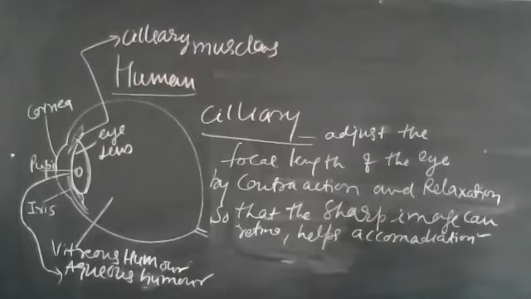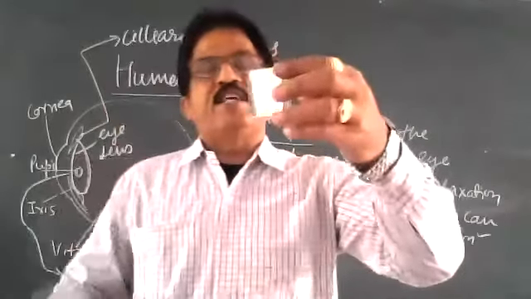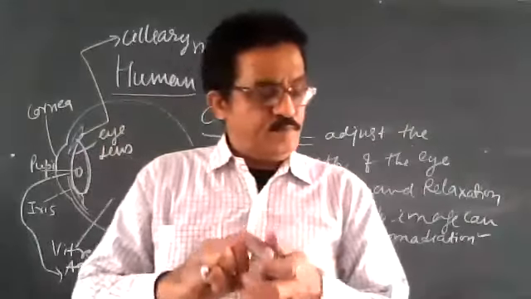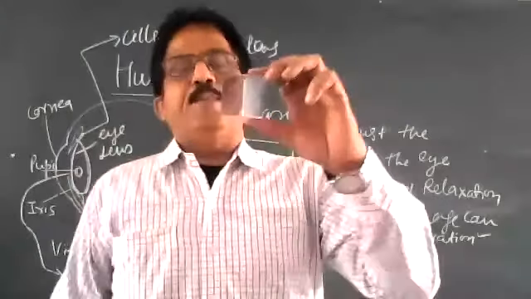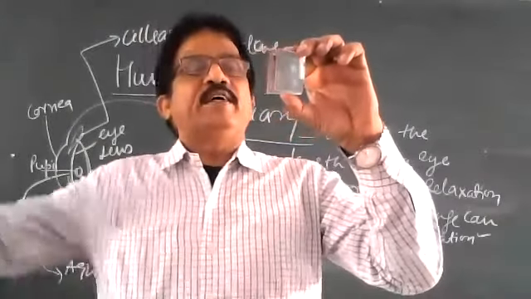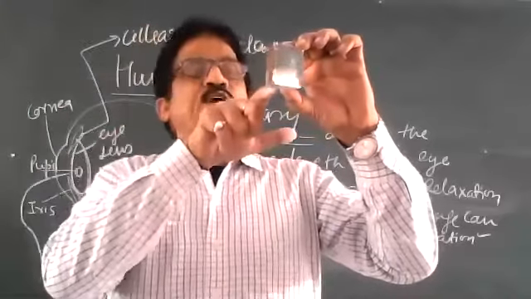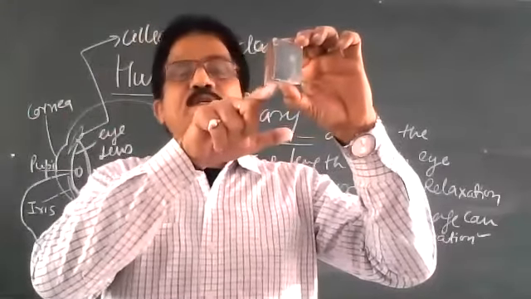So dear children, now come to the next part, which is in our practical also. Write down: refraction of light through a prism. Here, my dear children, see that this is a prism. We know very well that if sunlight falls on one face of this prism, we get seven different colors on the other side of the prism.